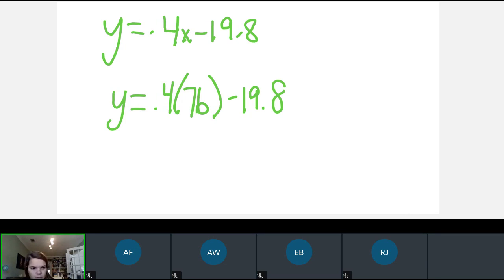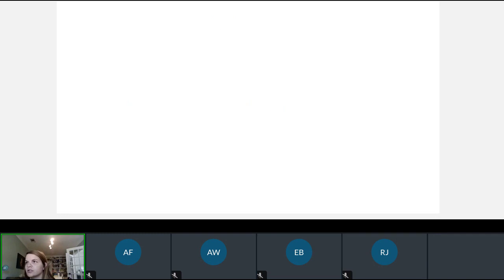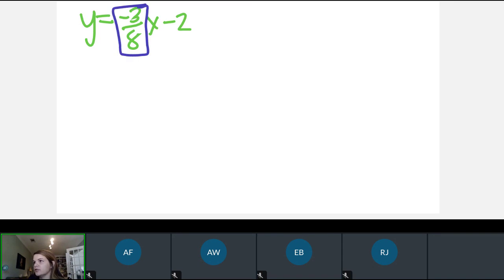Okay, so Amara, good question. Let's look at that one. Your question is about perpendicular. We have this original line, which is y equals -3/8 x minus 2. In this original line, the original slope is -3/8.